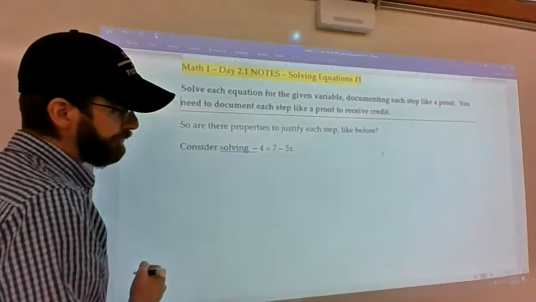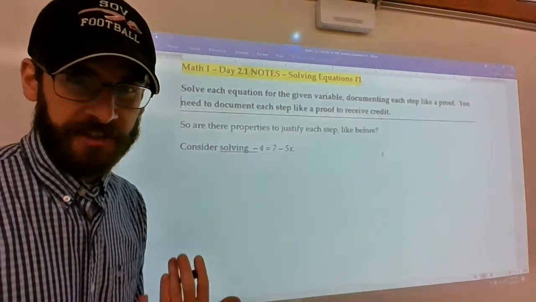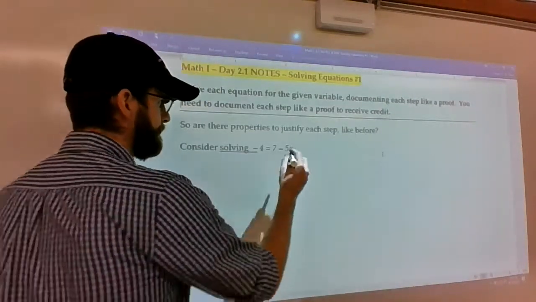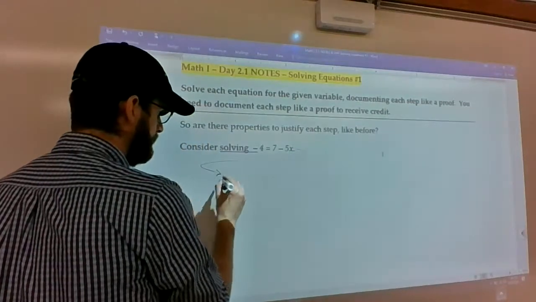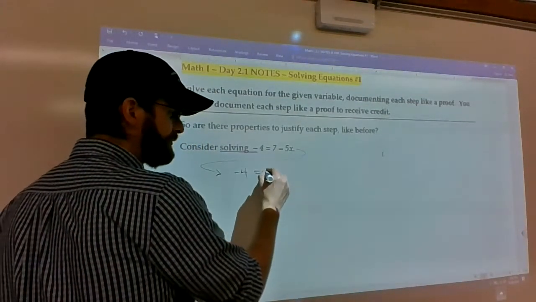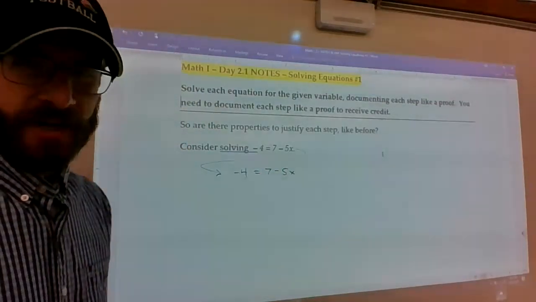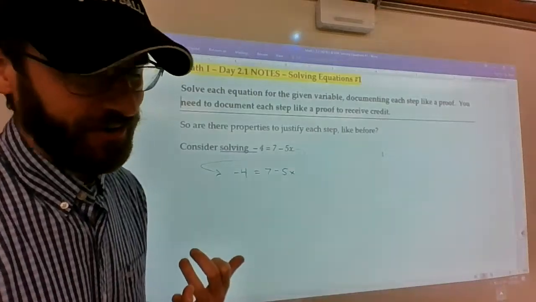So when I see negative 4 is equal to 7 minus 5x and we're trying to solve for the unknown variable x, my given is this original statement. You don't have to write the given. It's just a good place to start.